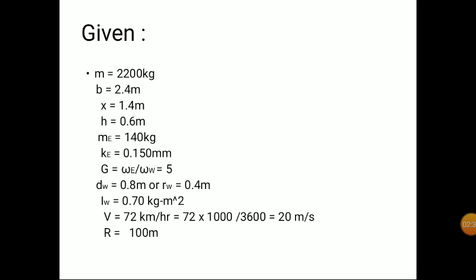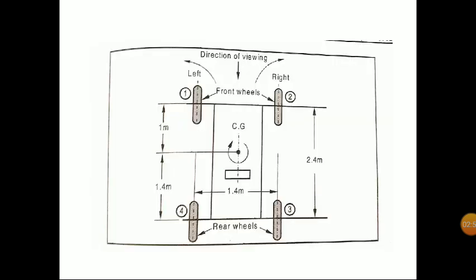Then the diameter of wheel is given as 0.8 meter, so the radius is 0.4 meter, and the moment of inertia of the wheel is 0.70 kilogram meter square. Then the velocity is given as 72 kilometer per hour; converting into meter per second, we get 20 meter per second. Then finally the radius of curvature is 100 meter.